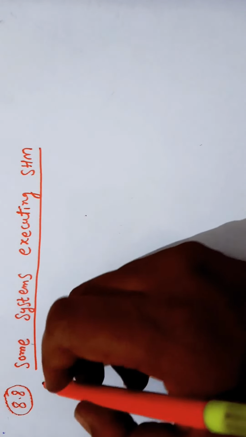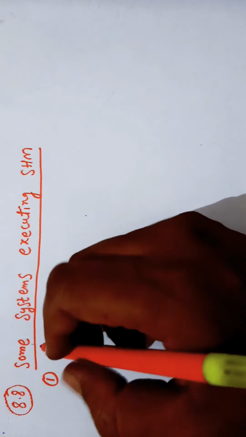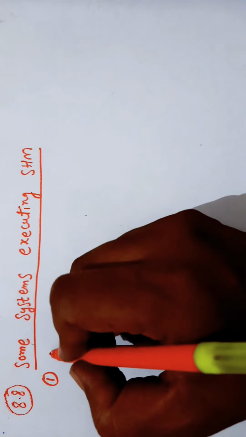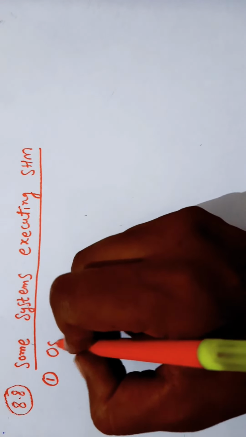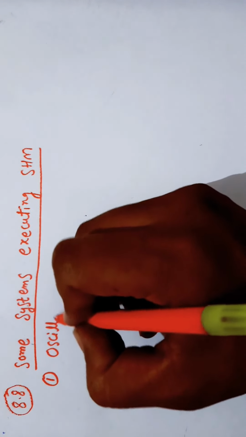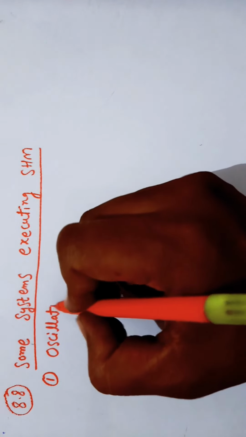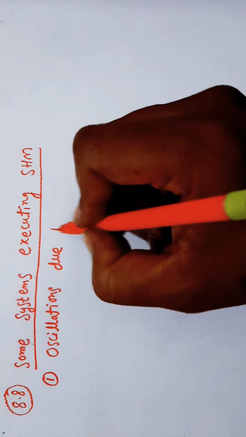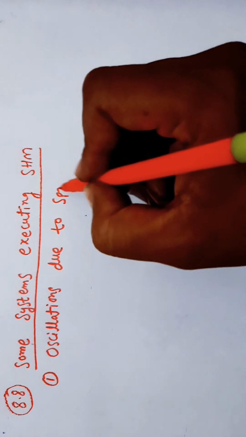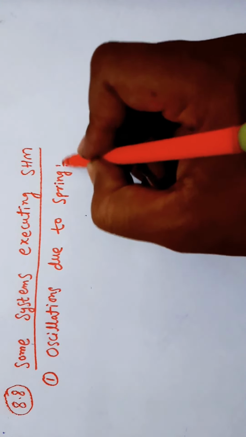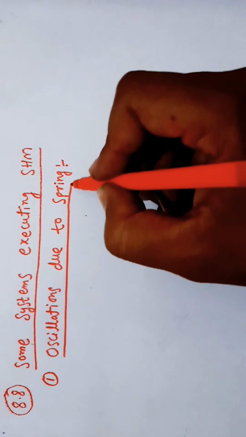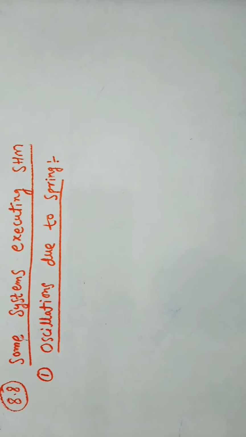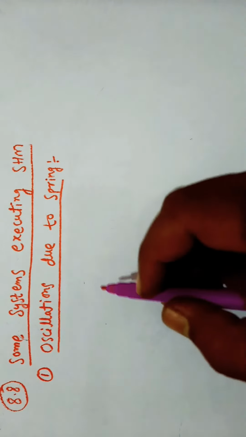Let us discuss the first one, oscillations due to spring. Here I am taking a spring block system.